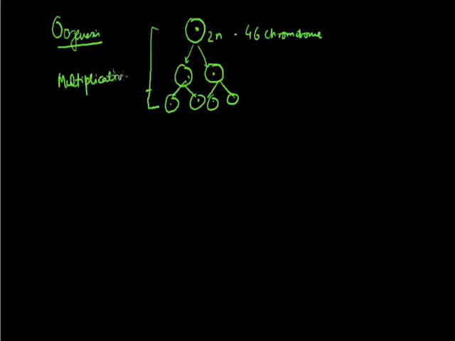Now, this structure is known as egg mother cell. One of the egg mother cells will develop and will grow in size, and it is known as primary oocyte.